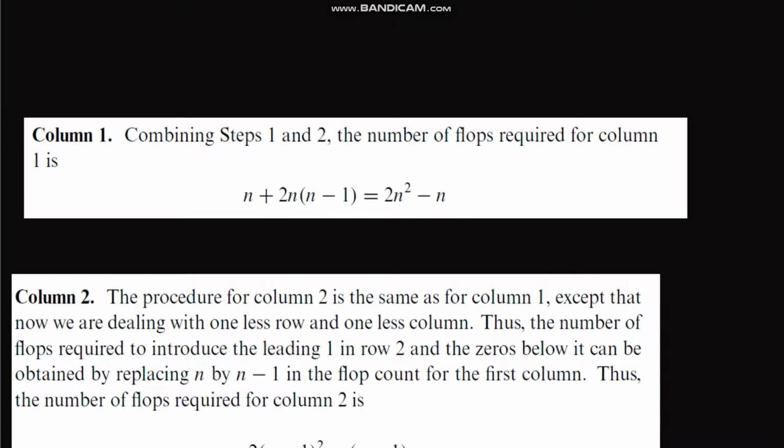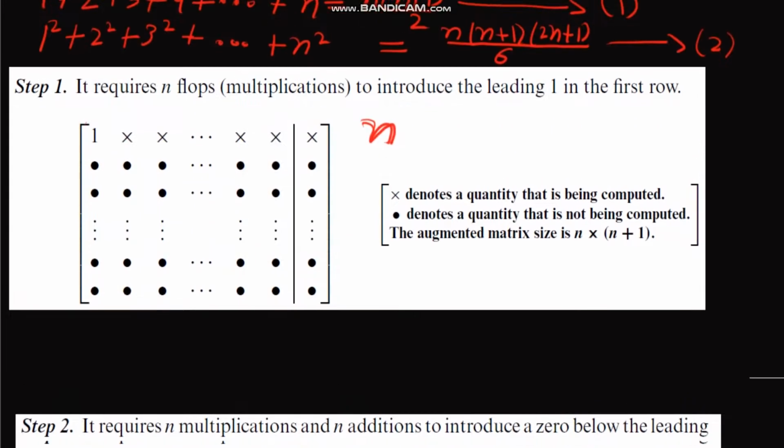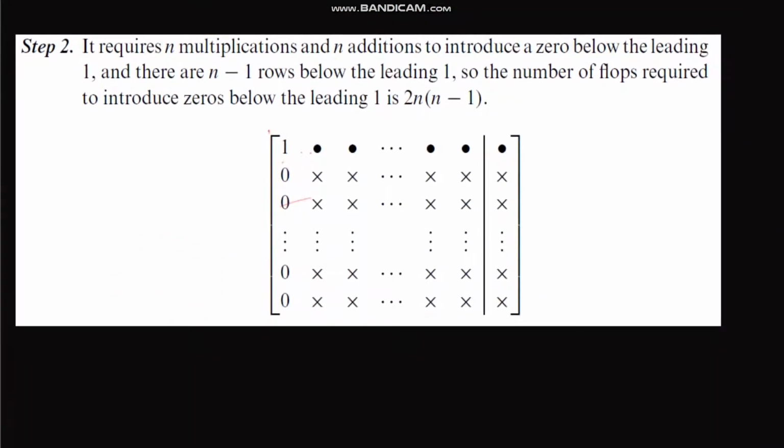Okay, in step 1 we saw that the number of flopping points to introduce one in the pivot column or the first entry, we needed n multiplications. This is another term for the division. And similarly we saw that to introduce 0 below this first column, we needed 2n into n minus 1 flopping points, right?